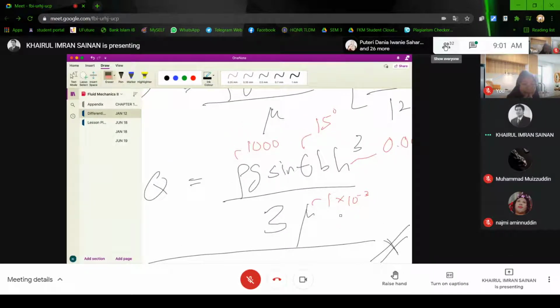Let's say if B becomes 2, for example. Then it becomes rho G sine theta 2 H cube divided by 3 mu. So no, we don't want that. We want the expression. Do not replace the value yet.